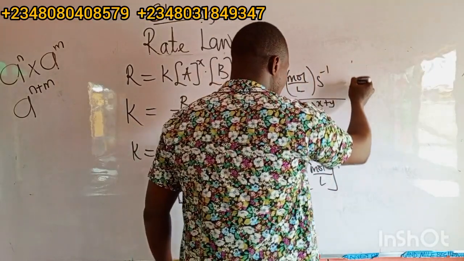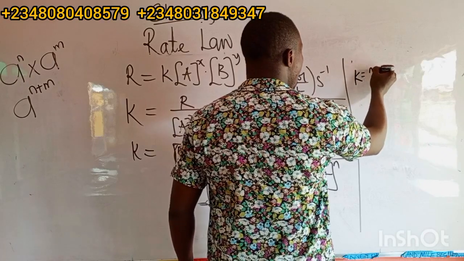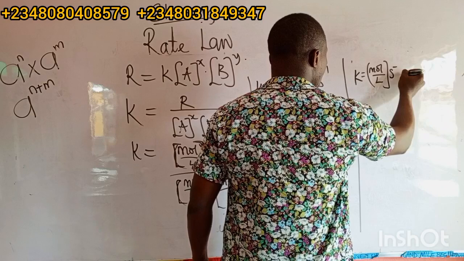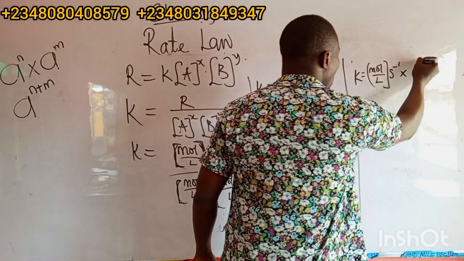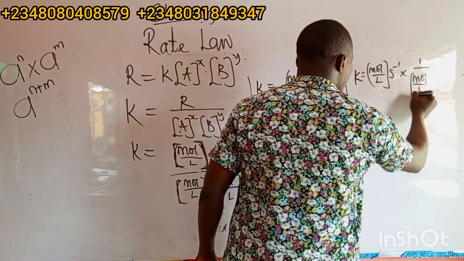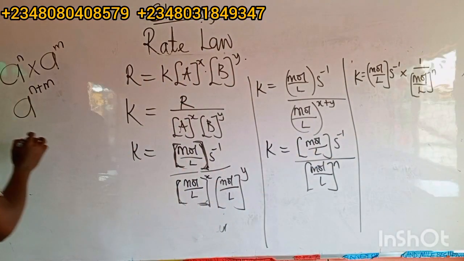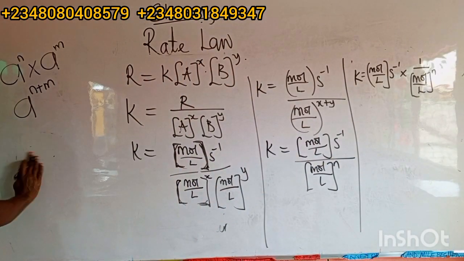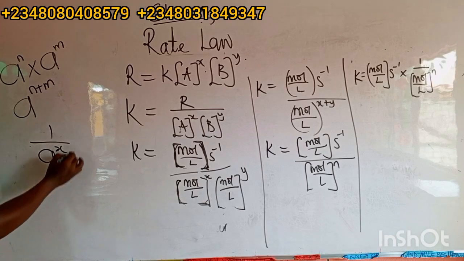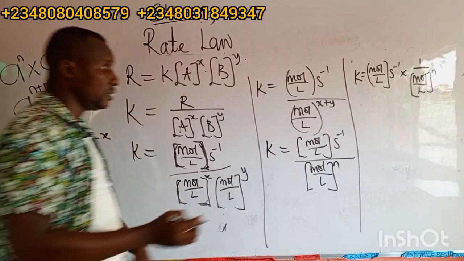This means K is equal to mole per liter per second times 1 over mole per liter raised to power n. That's the meaning. And under the law of indices, when you have 1 over A raised to power X, it means A raised to power minus X. Apply that.